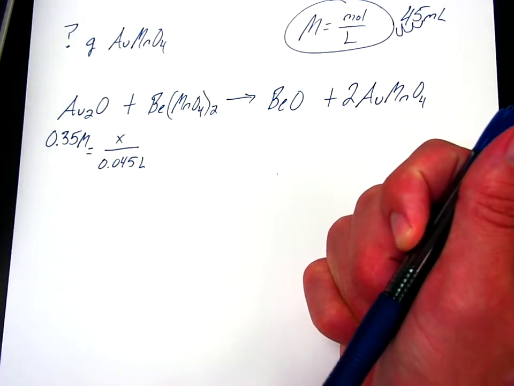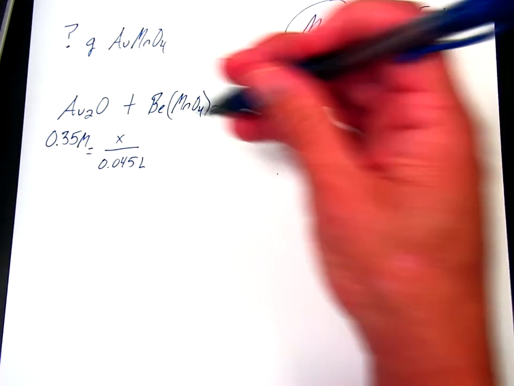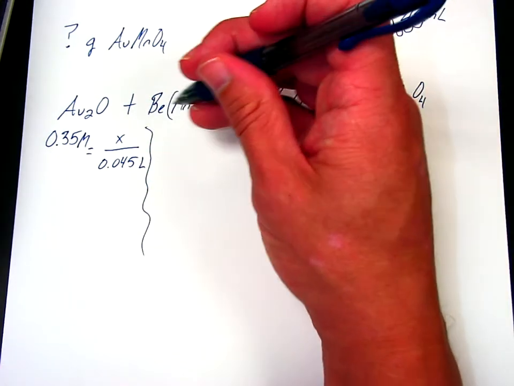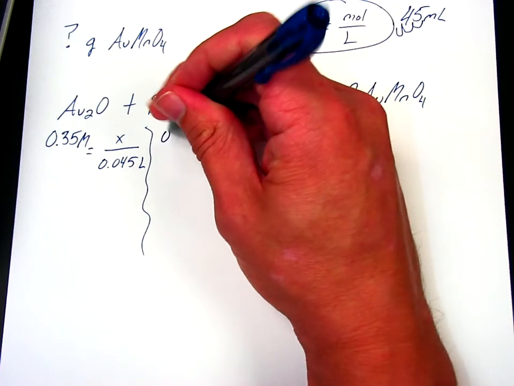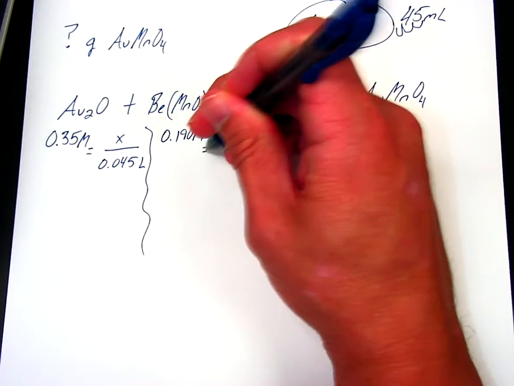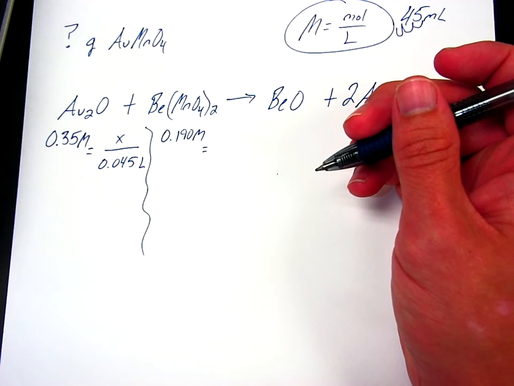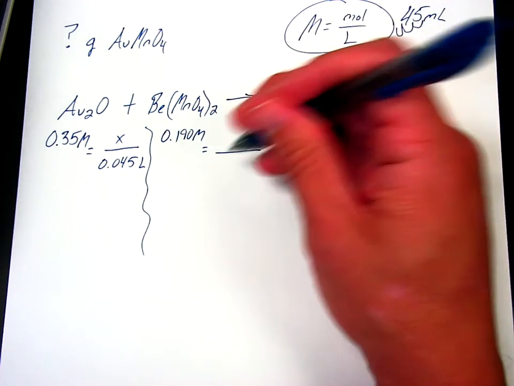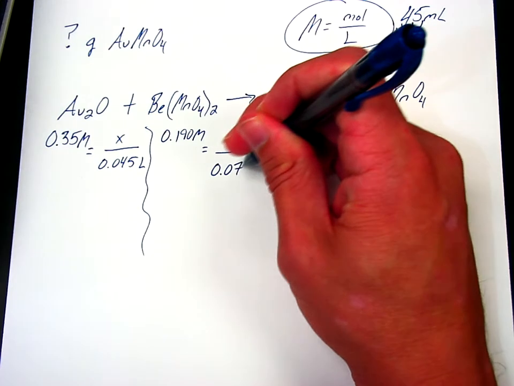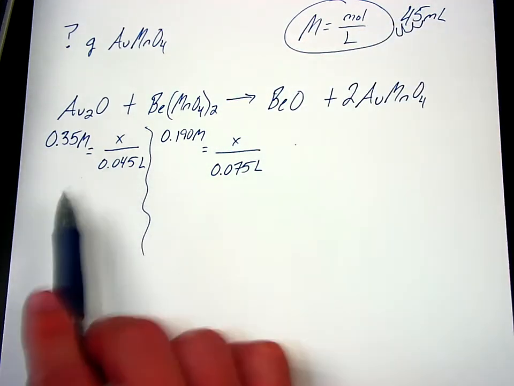So if we look back to the problem, it says that the beryllium permanganate exists at 0.19 molar. And the amount of milliliters we have is 75. Again, we don't want milliliters, so we're going to turn that into 0.075 liters. And now we can solve for x on both of these.